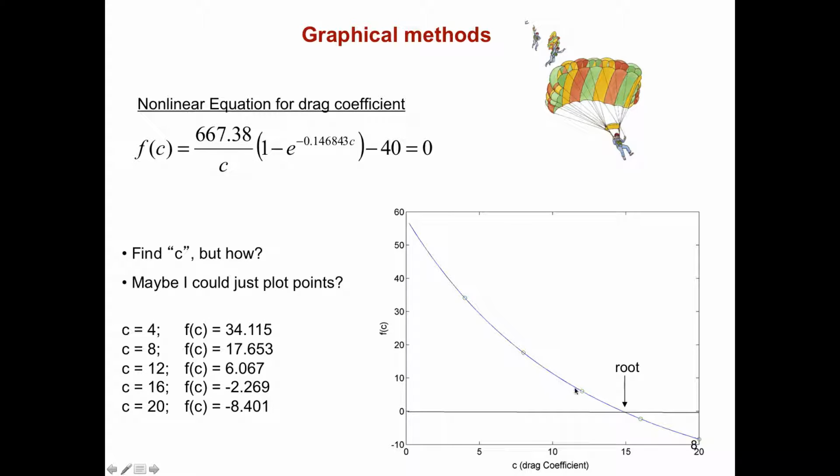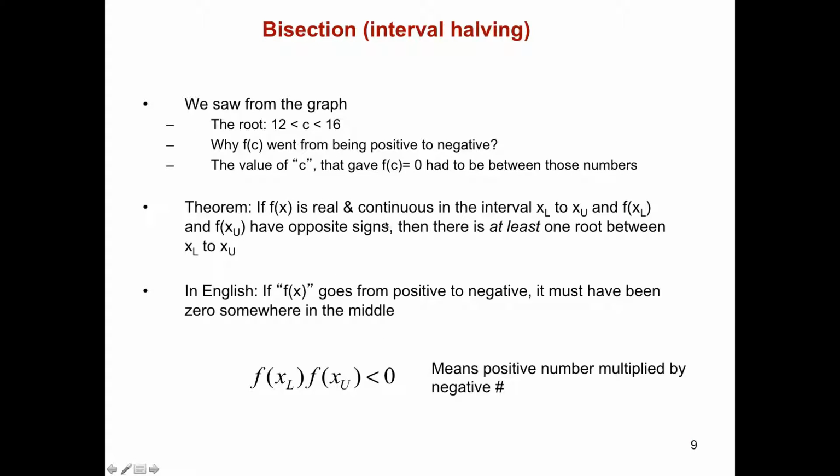So for C's between 12 and 16, somewhere in between, I know that I have a 0 because I'm going from positive to negative, and I have a continuous function. I don't have any funky undefined value of f for dividing by 0 or anything like that. So this is a continuous function, therefore it has to hit 0 somewhere in between these two values.